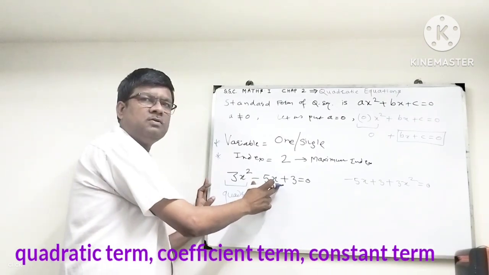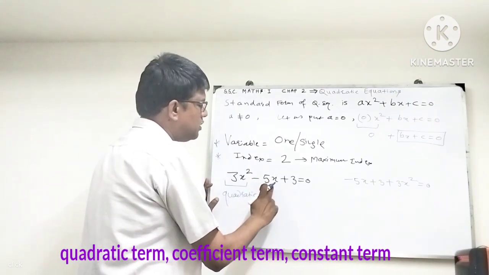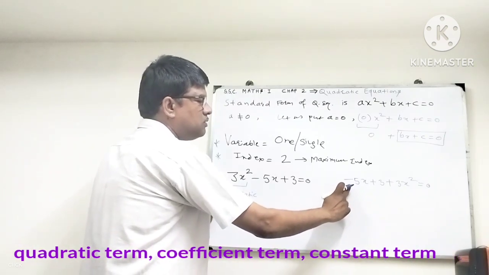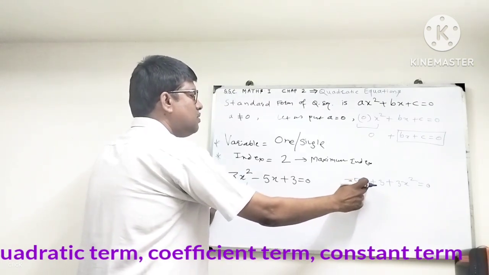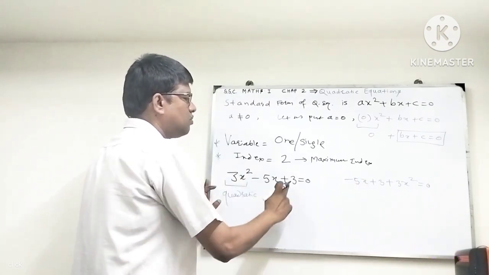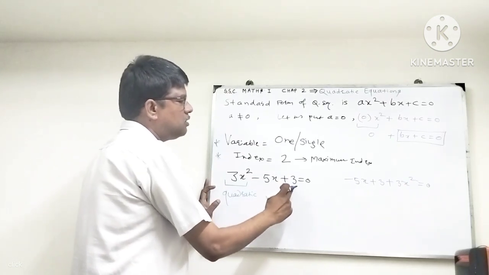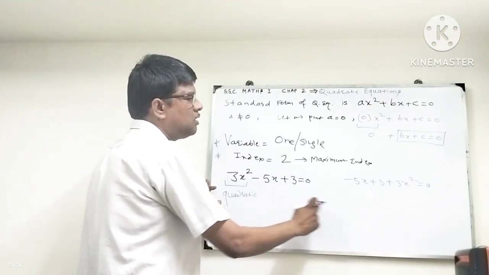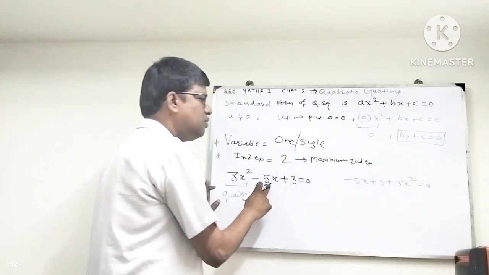Minus 5x is the coefficient term. Don't say it is the second term, because in this blue color it is appearing as the first term. And plus 3 is a constant term. It is the third term, but don't say it is the third term. Don't say it is a middle term.